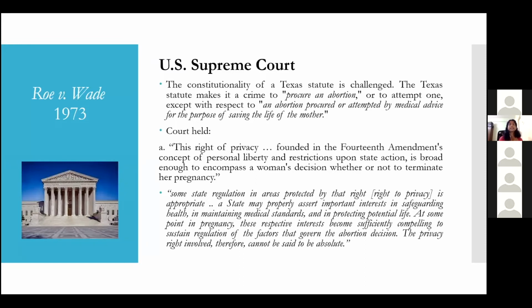The exception to that interest, Blackmun explained, was in cases for which pregnant women's lives were endangered. The state has a greater interest in protecting the pregnant woman's life over potential life, which is of the fetus. Therefore, when pregnancy endangers a pregnant woman's life, abortions must always be legal. So this is what the judgment in Roe versus Wade held.